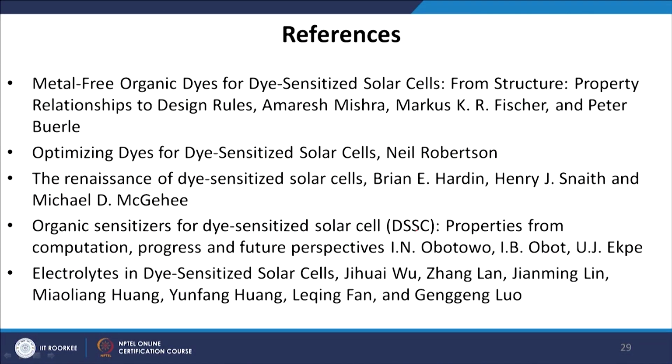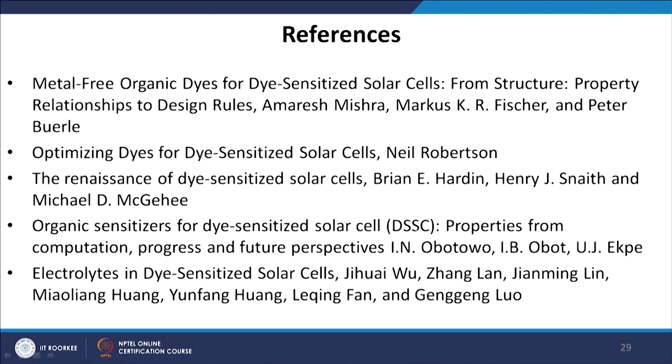Especially you can look for some of the papers or books like Metal Free Organic Dyes for Dye Sensitized Solar Cells: From Structure, Property, Relationship to Design Rules by Amaresh Mishra. In this book they have talked about the design and synthesis rules for the metal free organic and inorganic dyes, and there are a lot of research papers also available on that.